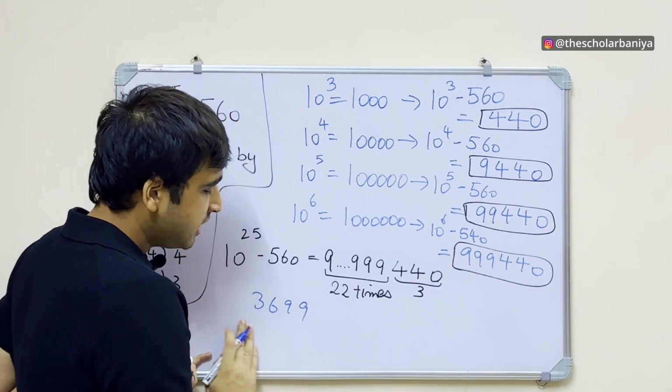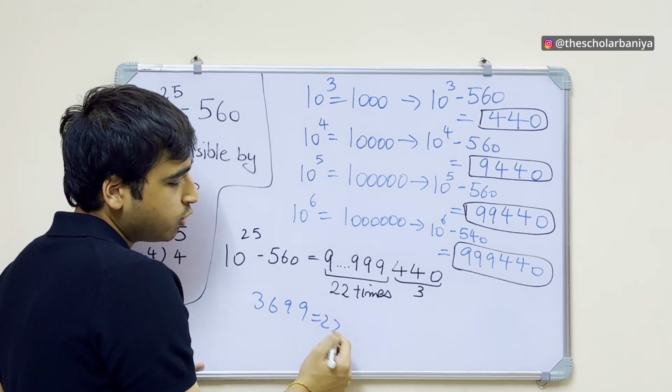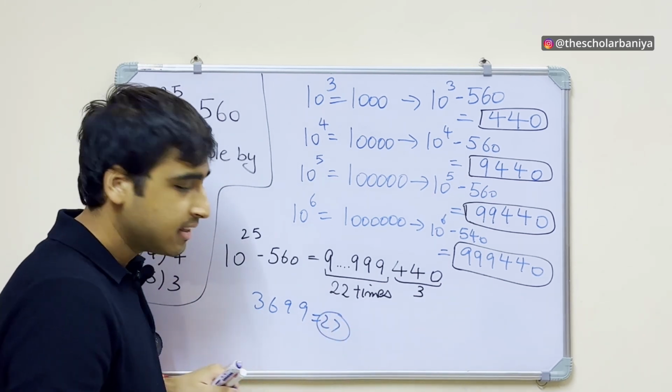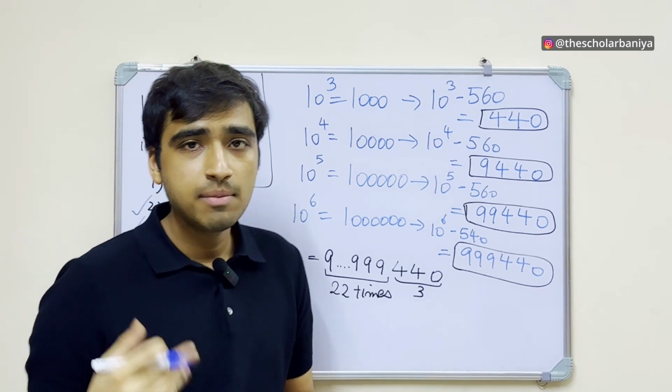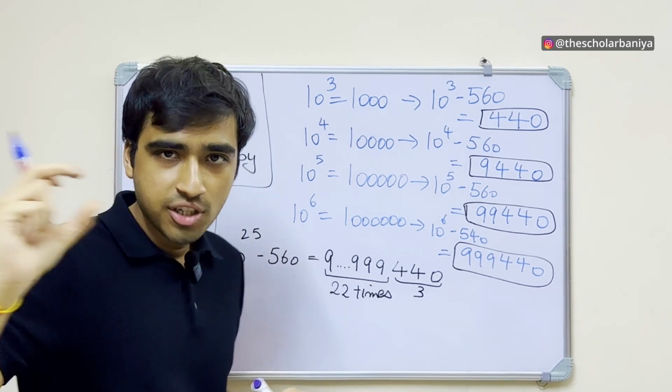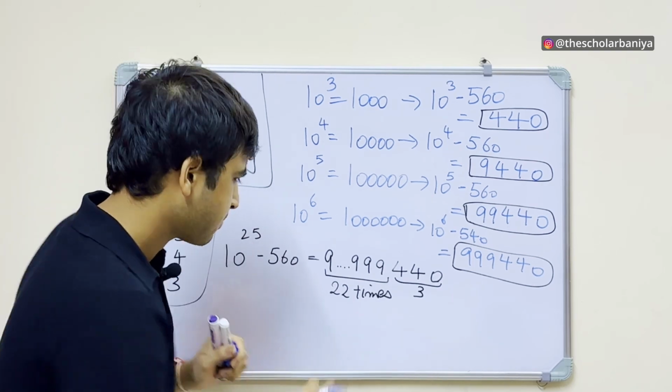If you add all of these digits, you will get 27. 27 is divisible by 3, yes, that means the number is divisible by 3. So basically, to check the divisibility by 3, we add all the digits and then see if that sum is divisible by 3 or not.